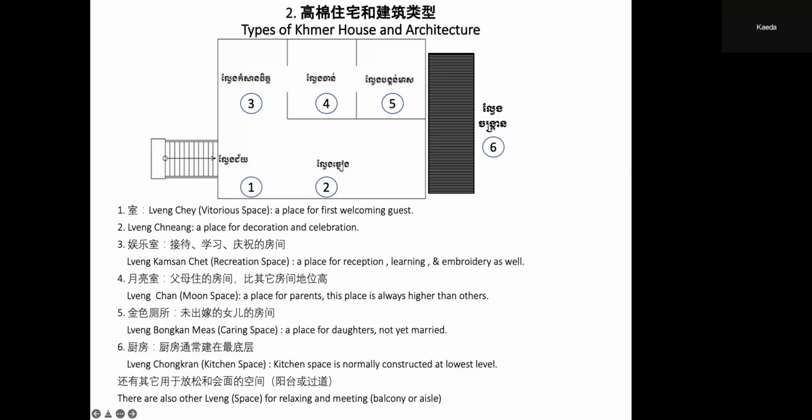Number 6 is the kitchen space, which is normally constructed at the lowest level. Besides these 6 spaces, there are also other areas like a balcony for relaxing or meeting.